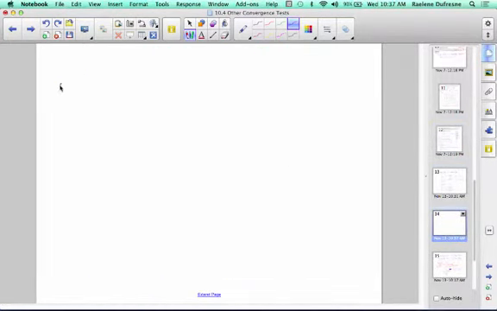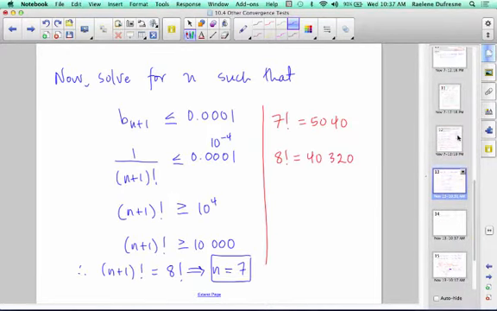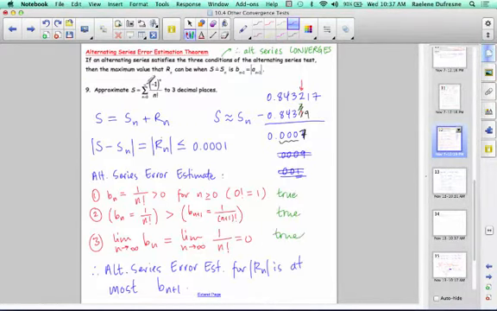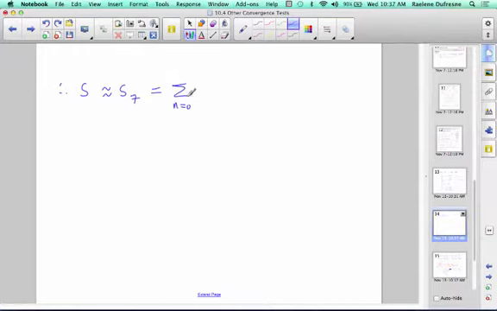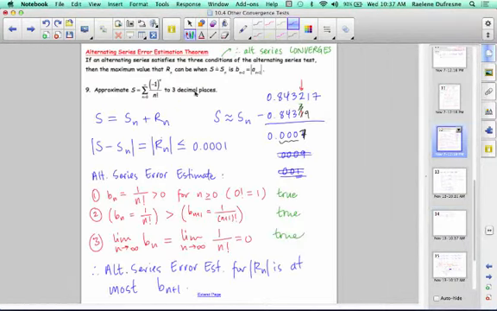So now we know that s will be approximated by s subscript 7, which is equal to the sum, and we're going to go from n equals 0 until what? We're actually choosing n equal to a value of 7, starting from 0. So we want the sum from n equals 0 to 7 of negative 1 to the exponent n all over n factorial. Let me just double check my exponent. Negative 1 to the n.